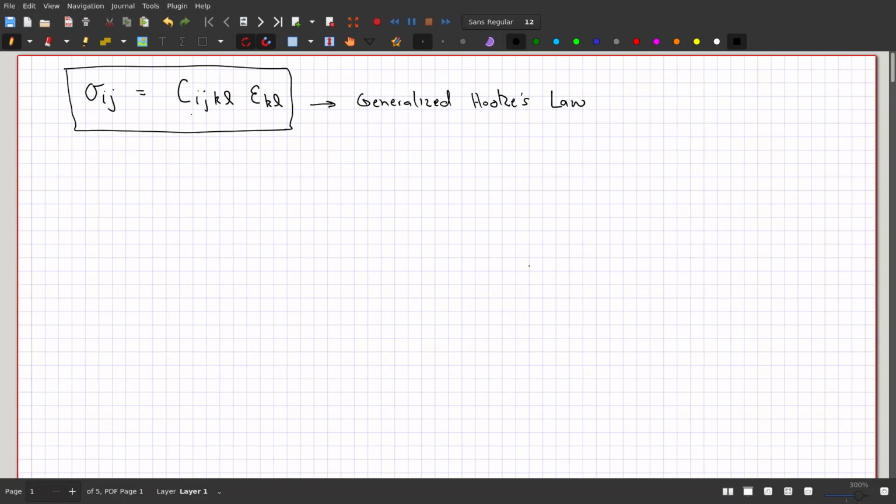So in our case, we're always going to work with symmetric Cauchy stress. And so if the Cauchy stress is symmetric, then that means that I and J can be transposed so that C I J K L must be equal to C J I K L.